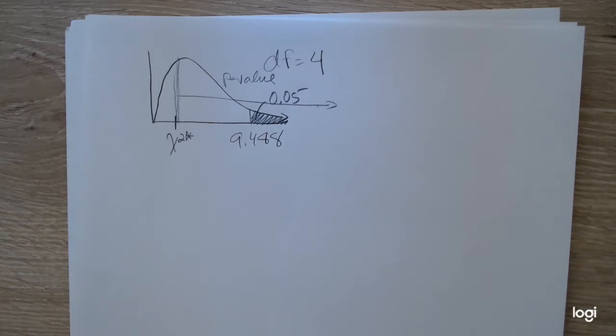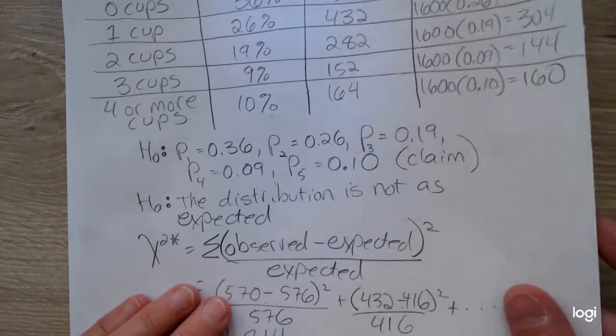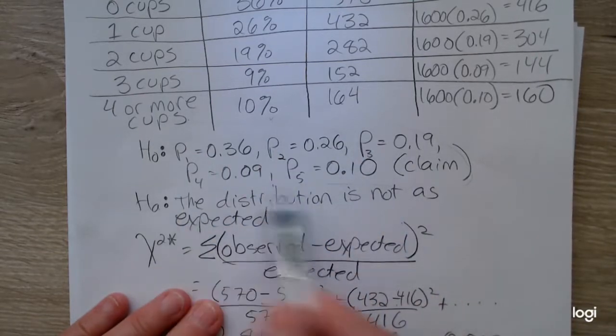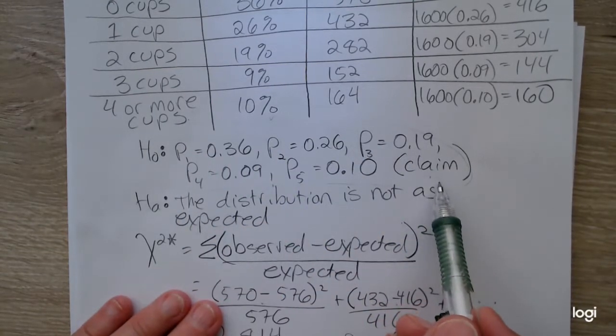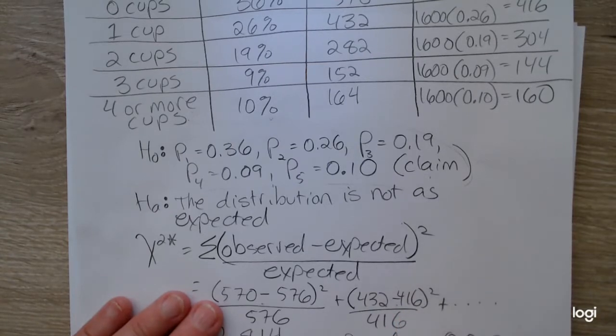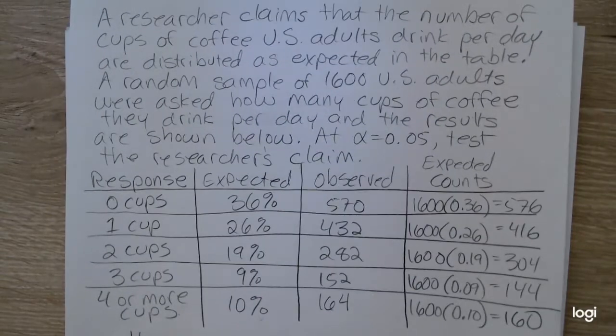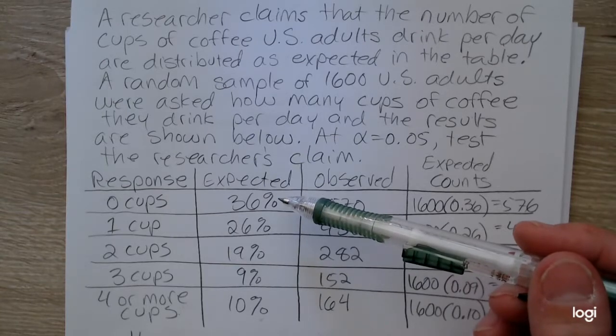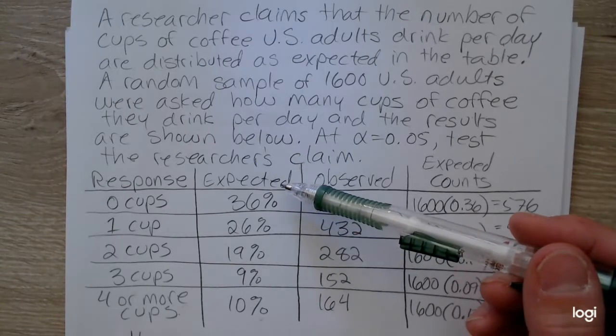So using the p-value method or the critical value method, you're going to come to the same conclusion. The conclusion is to fail to reject the null. And if we're failing to reject the null, we're in favor of the null. And the null is the claim in this problem. So there is insufficient evidence to reject the researcher's claim that the number of cups of coffee US adults drink per day are distributed as expected.